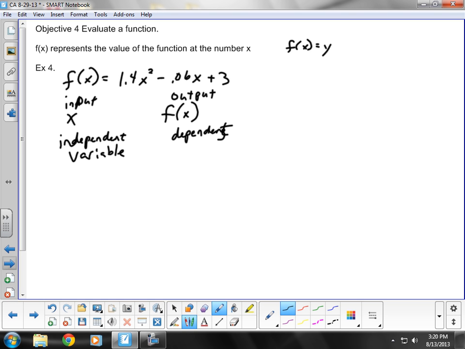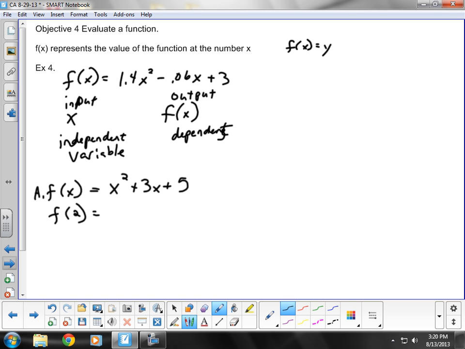So the way this works is that if you have a function, let's look at part A, f of x is equal to x squared plus 3x plus 5. And I want f of 2.